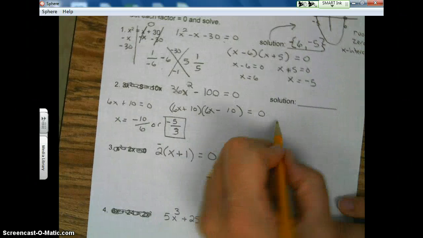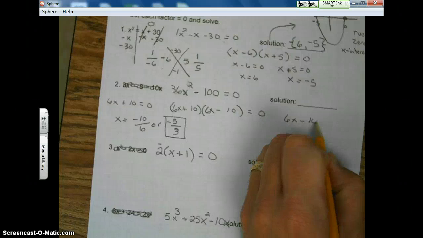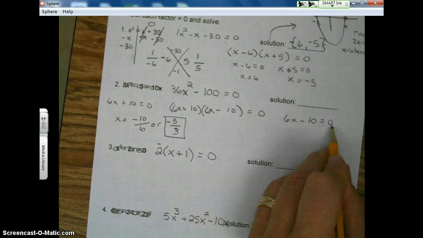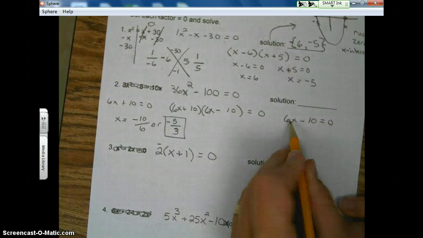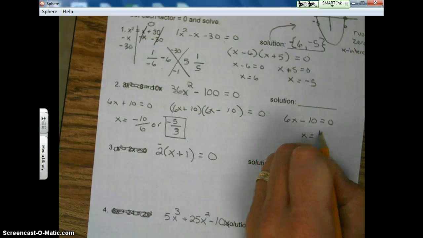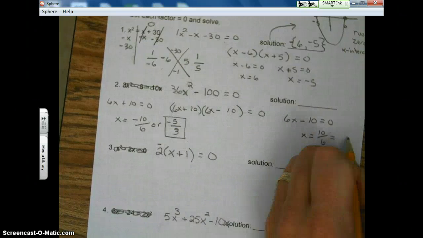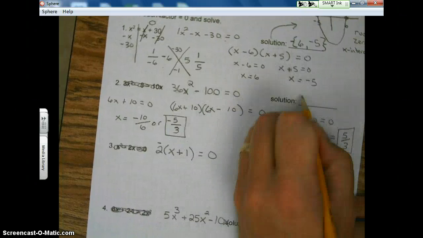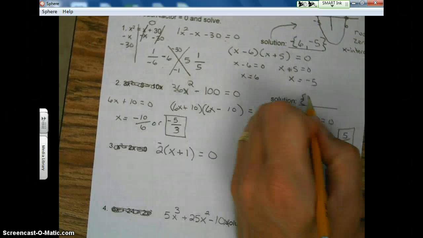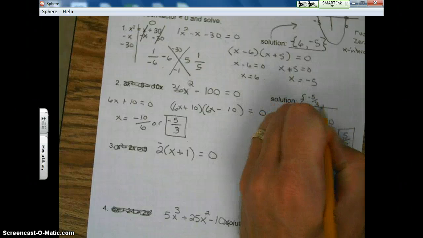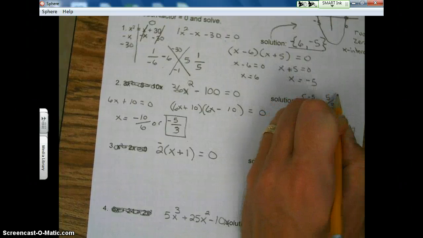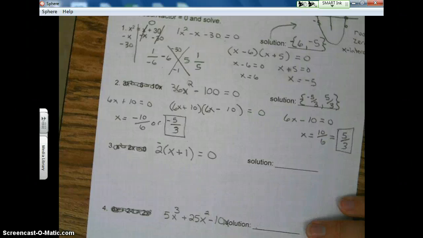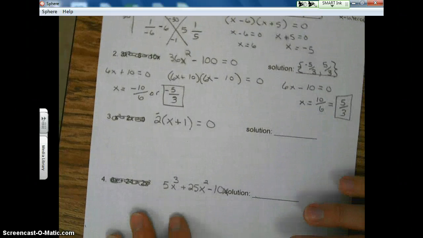Okay, let's do the other one. Add 10, divide by 6. Positive 10 over 6 reduces to 5 thirds. Set notation, my set is negative 5 thirds and positive 5 thirds. Those are my solutions, or my roots.